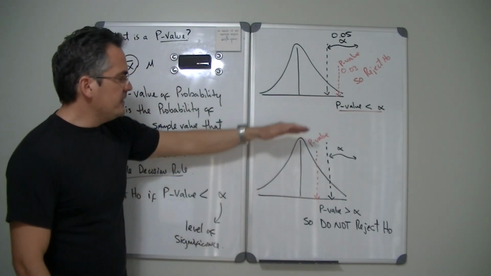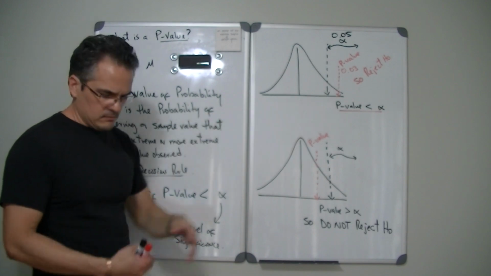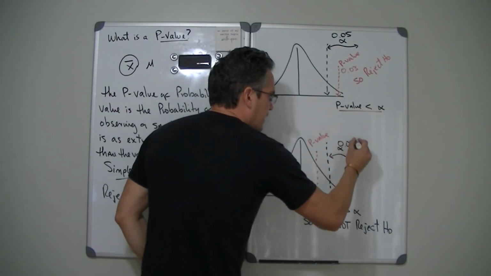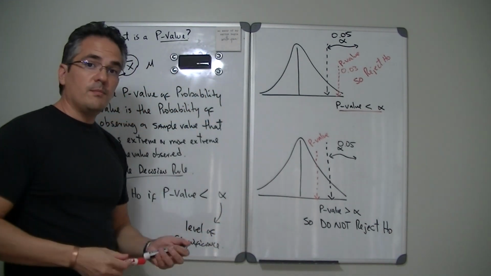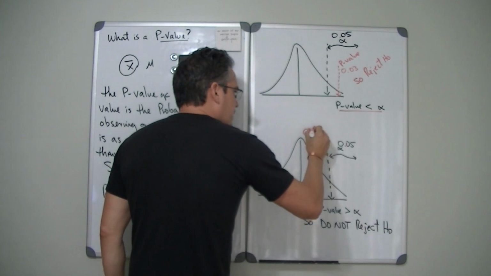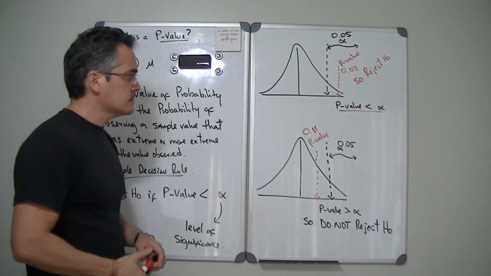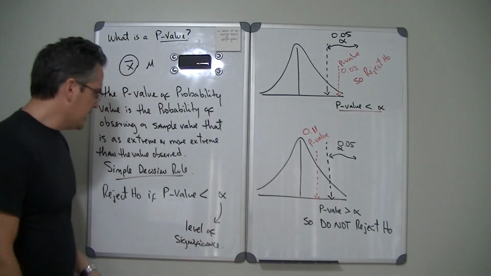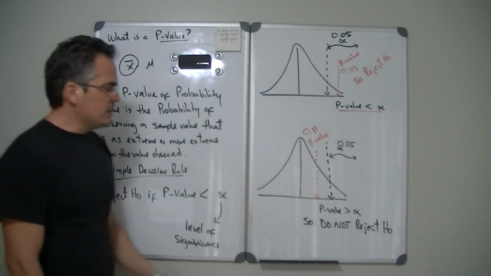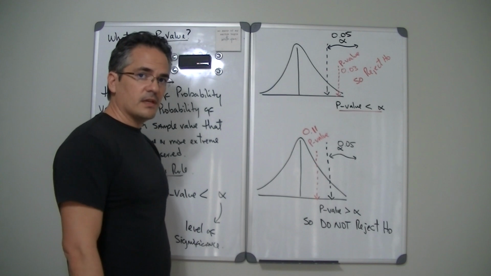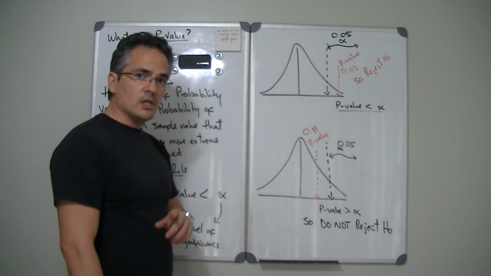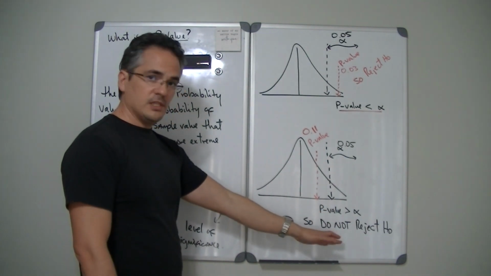All right, if instead you end up with something like this, imagine that you have an alpha, again, of 0.05, but you end up with a p-value of something like 0.11. Now notice that in this case, the p-value is greater than your significance level. Because the p-value is greater than your significance level, you do not have sufficient evidence to reject H0, so therefore you do not reject H0.